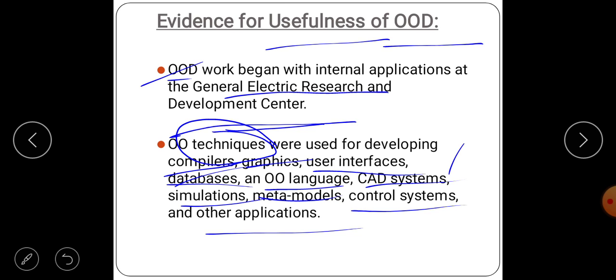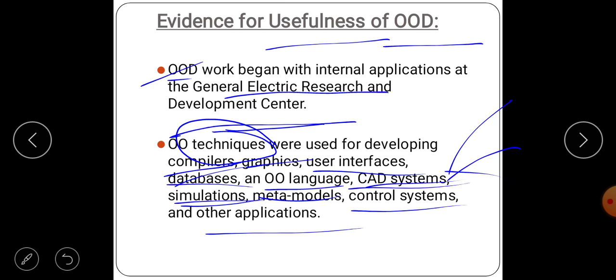We know that last semester you worked on the subject CAD, nothing but diagrams. Using CAD software you sketch some figures. That is the CAD system.